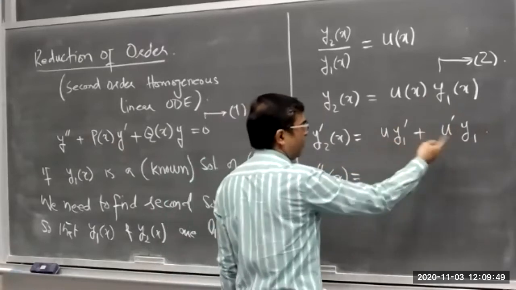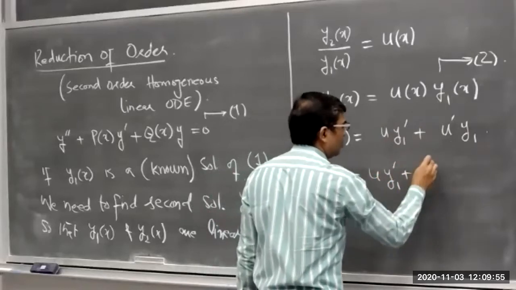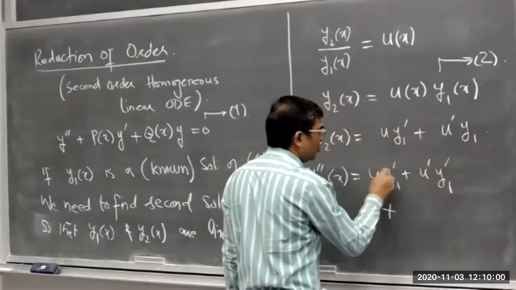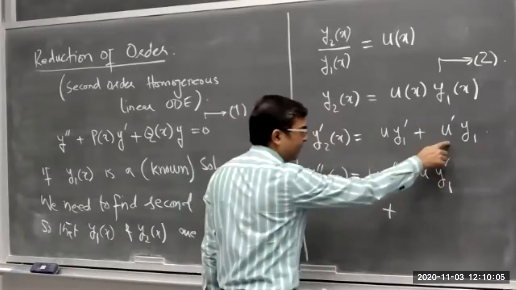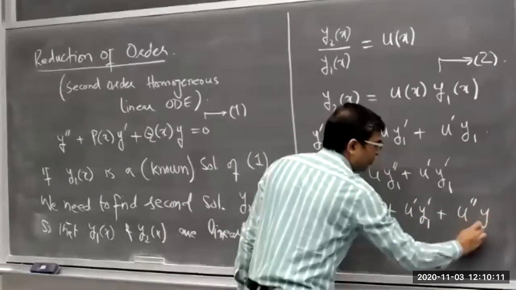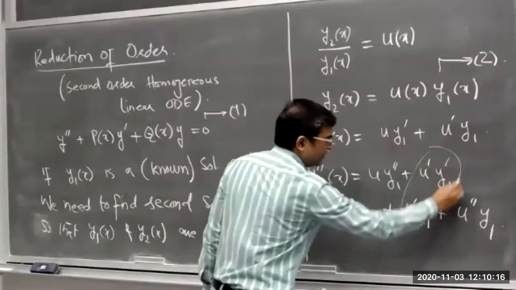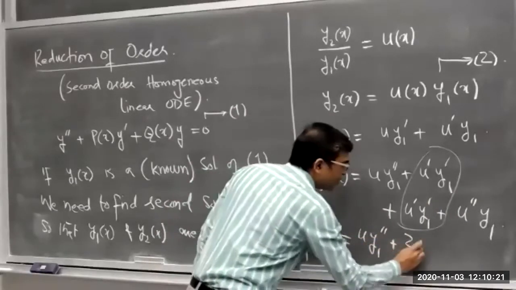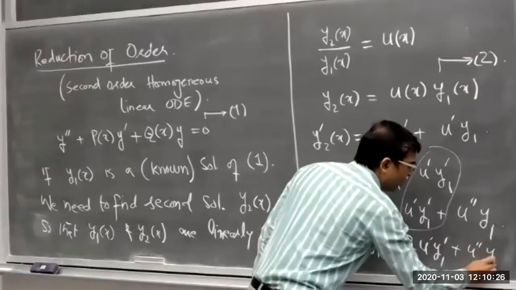We apply the product rule on each term: u y1 double dash plus u dash y1 dash, plus u dash y1 dash plus u double dash y1. You can see that these two terms are identical. So we can write u y1 double dash plus 2u dash y1 dash plus u double dash y1.